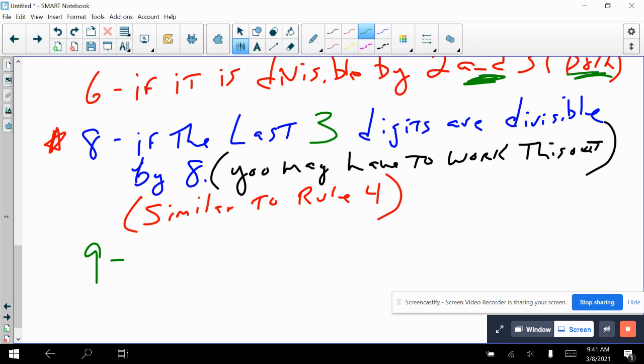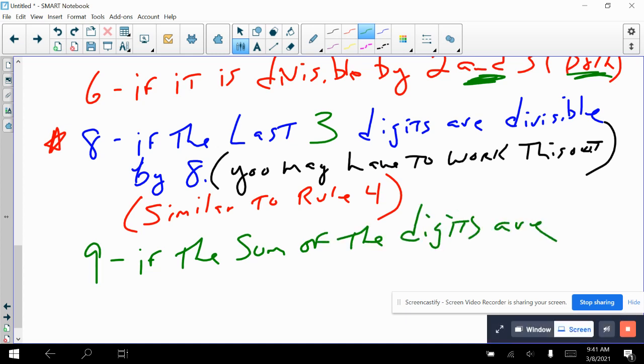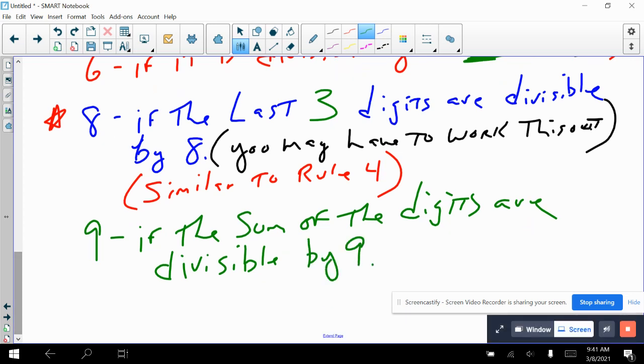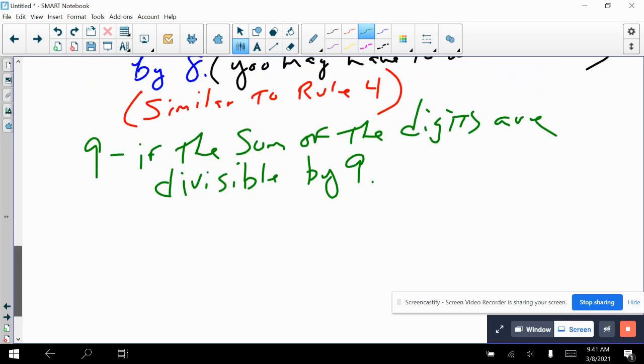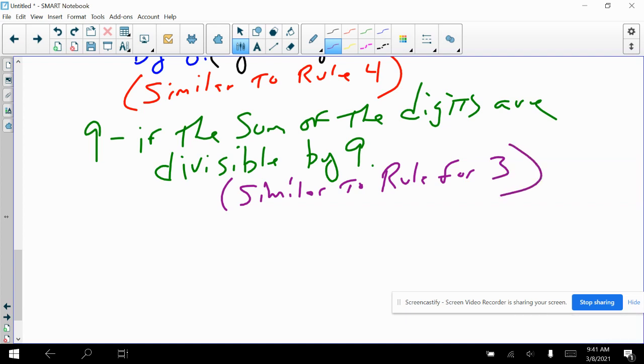Rule for 9. Rule 9 is basically the same thing as 3.